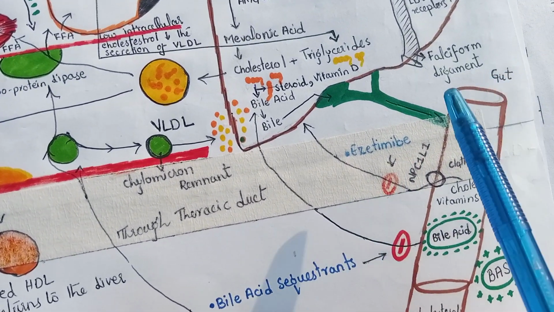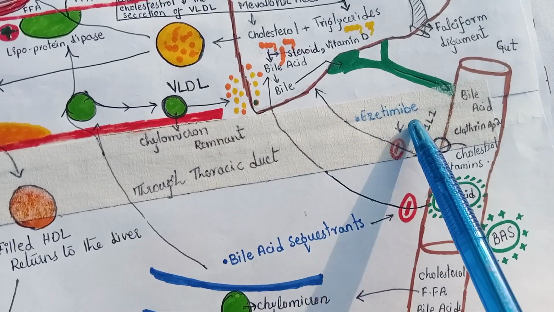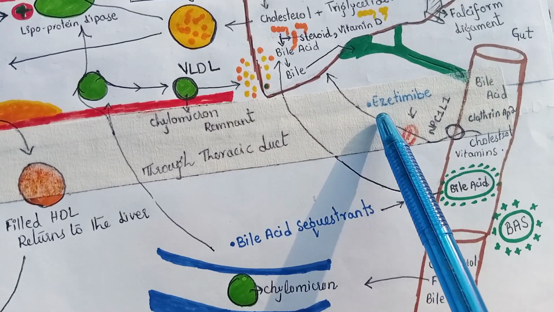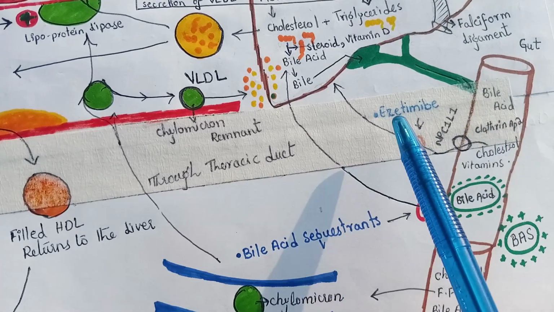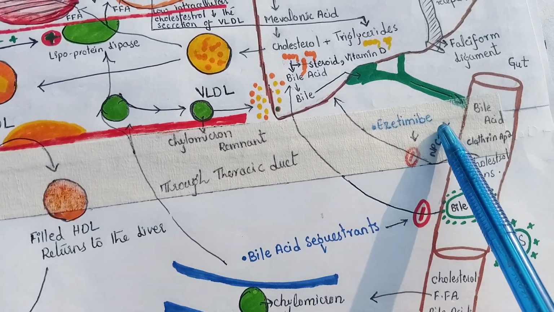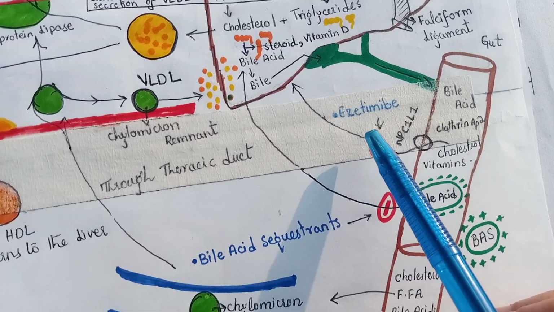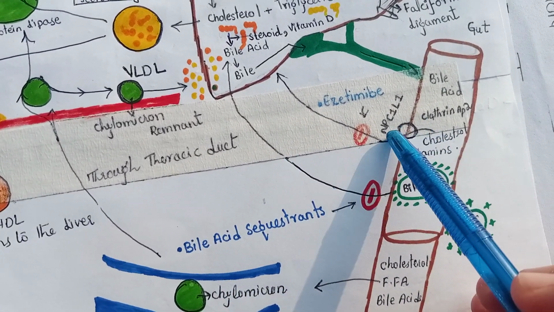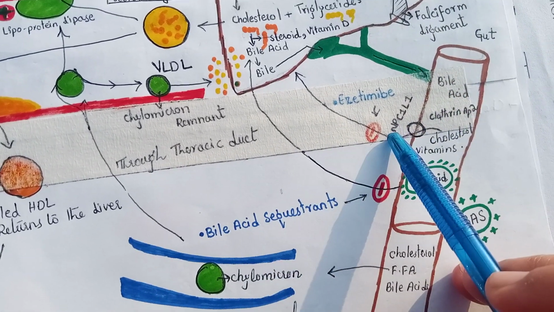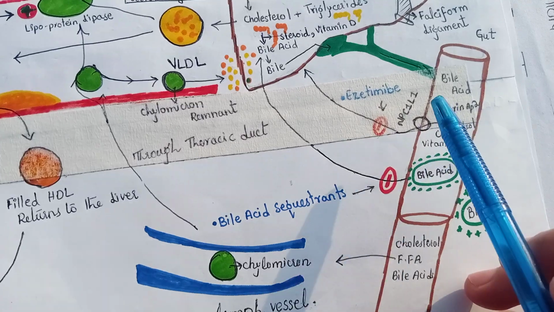Okay. Now the other is ezetimibe, which is a cholesterol absorption inhibitor, the only drug of its kind, and they are recommended to be given with the other drugs, right? They are ideal to give with the other drugs. So what they do, they act on the NPC1 receptor and inhibit the absorption of cholesterol into the liver.